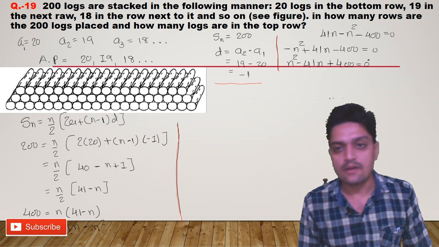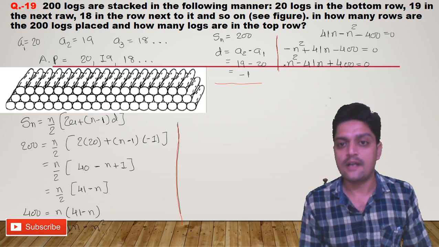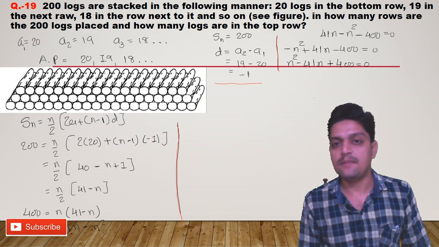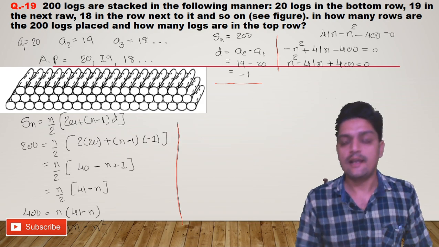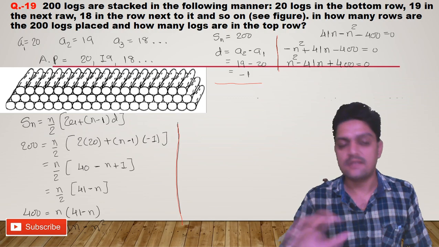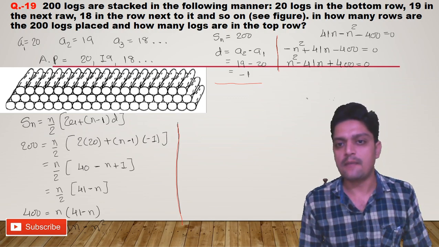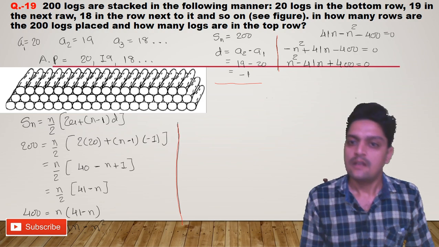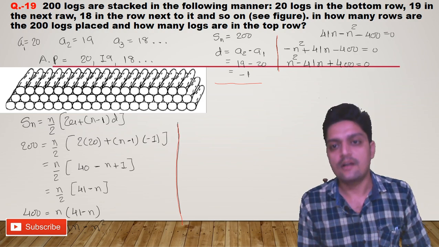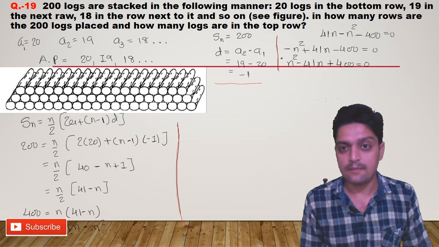One more thing: everywhere you need to write 'therefore' and all signs are highly required, otherwise your marks can be cut. But due to less space here, I am not doing that much formality, but we have to write in the proper way.